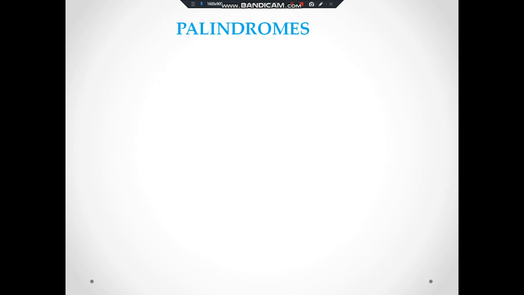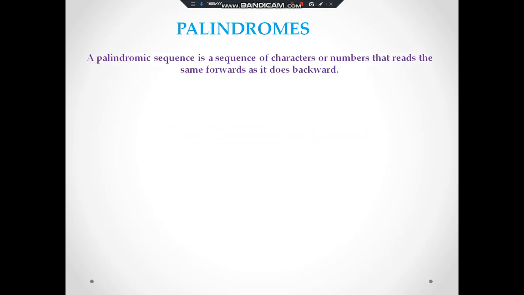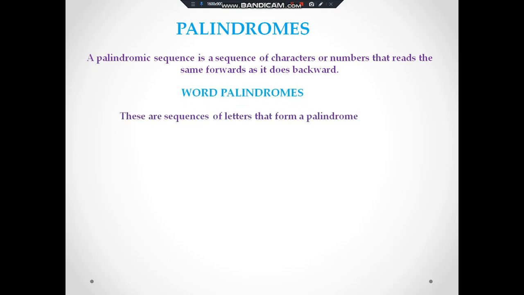So what are palindromes? A palindrome is a sequence of characters or numbers that is read the same forward as it does backward. There are different types of palindromes in the world. For example, word palindromes.